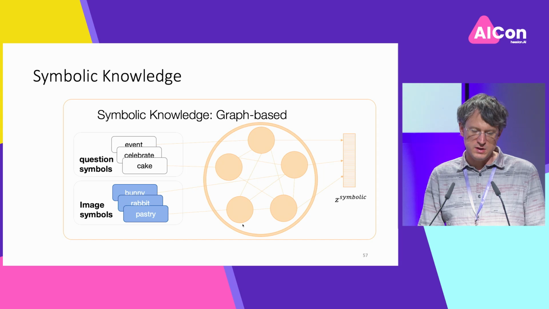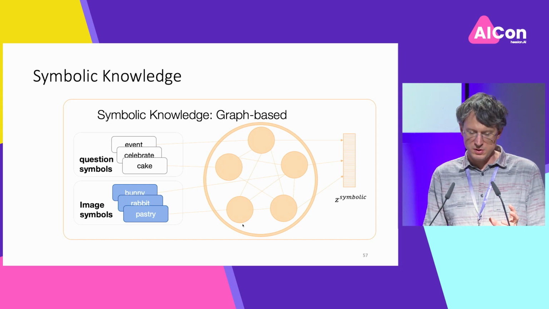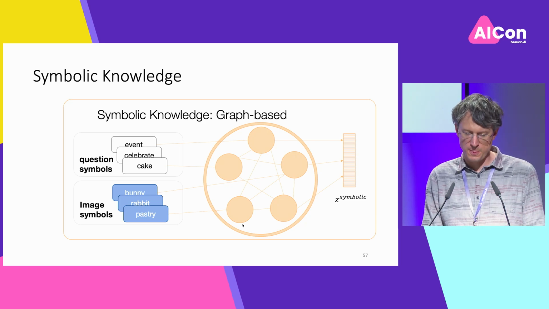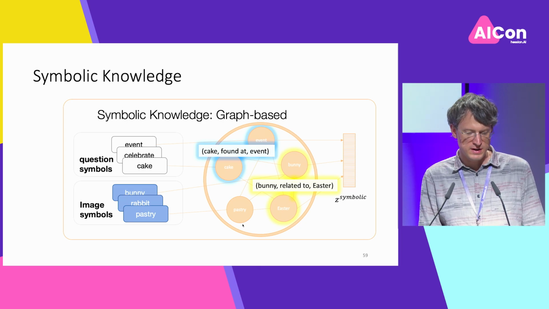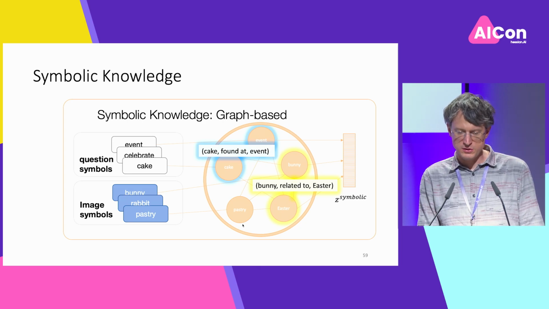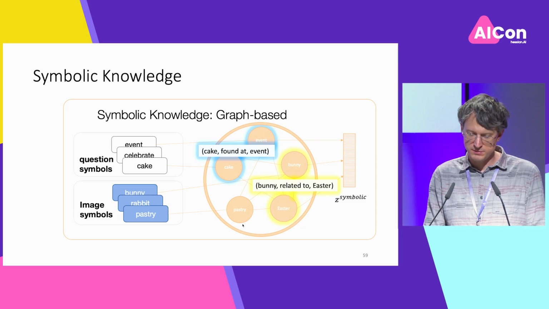And then we use a graph to represent these knowledge bases and knowledge triplets. For example, a cake can be found at an event, a bunny is related to Easter. So these kinds of relations we have all in this database.